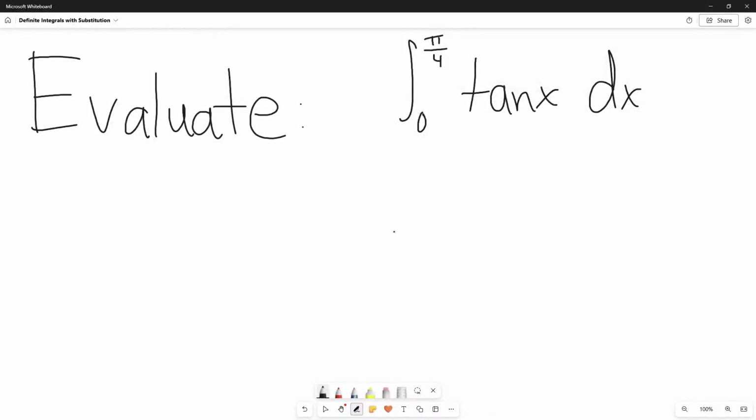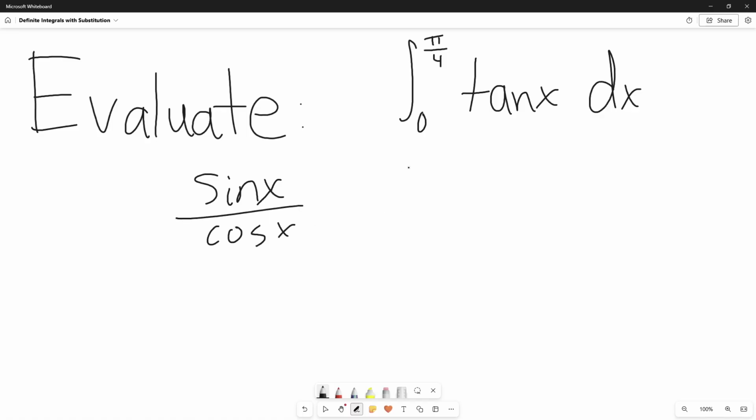Now, let's do another practice problem. If you think you know how to do this one, pause the video and try it. This one says evaluate the definite integral from 0 to pi over 4 of tan x dx. And as always, we need to integrate this part. So tan x is just sine x over cosine x.